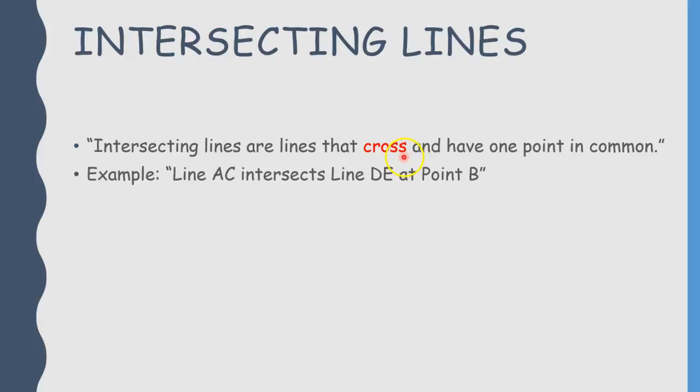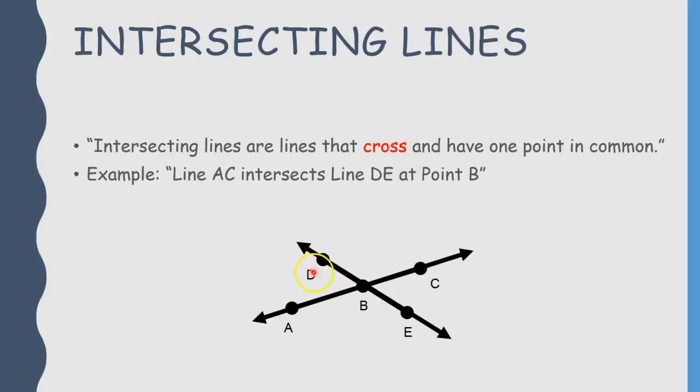And if 2 lines cross, then they are called intersecting lines. Okay, so you can see in this picture that line AC intersects line DE at point B. Okay, they just cross, basically. Just remember that.